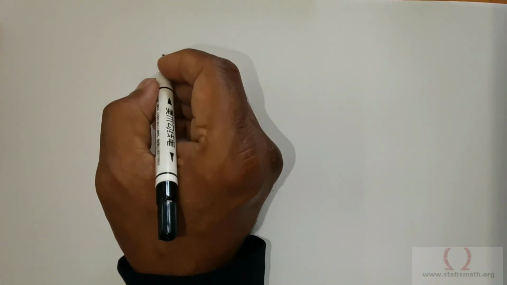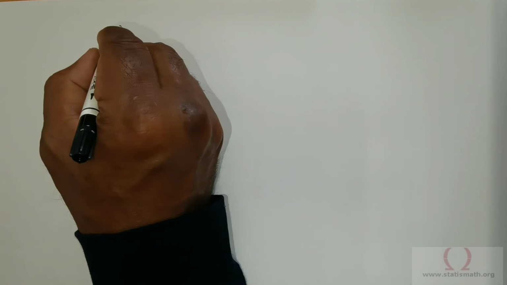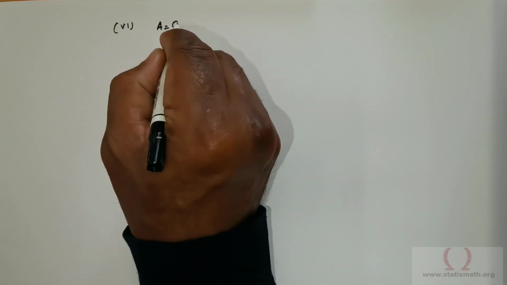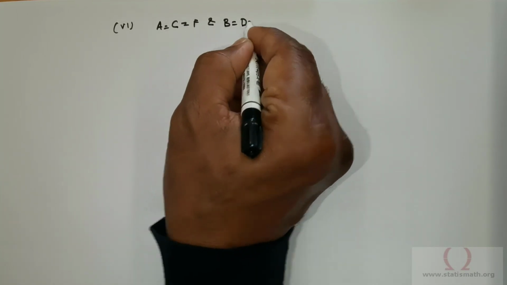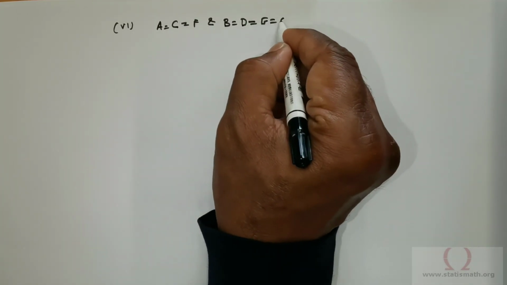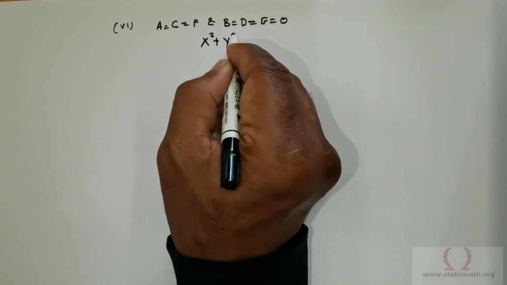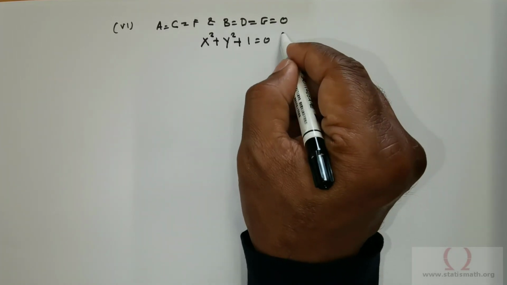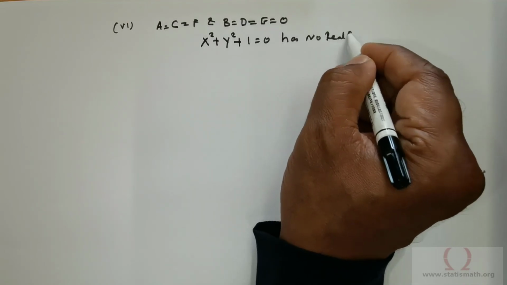So next is condition number 6. In condition number 6, we have A = C = F and B = D = E = 0. We get the form x squared + y squared + 1 = 0, and this has no real solution.